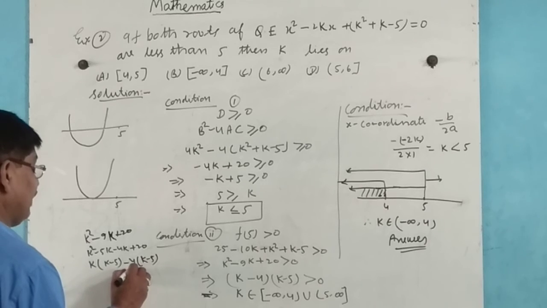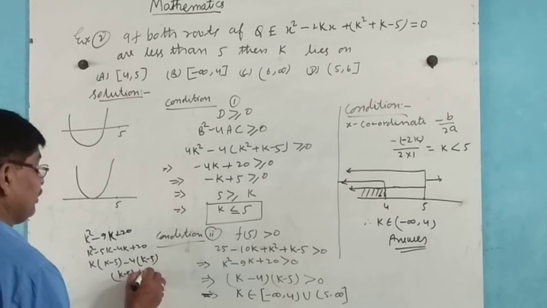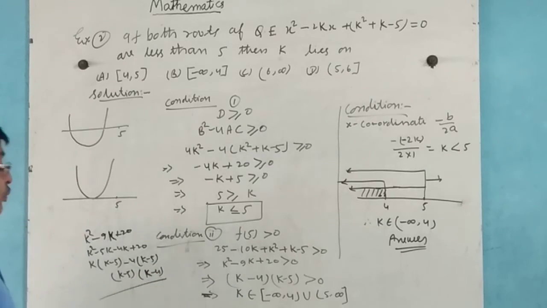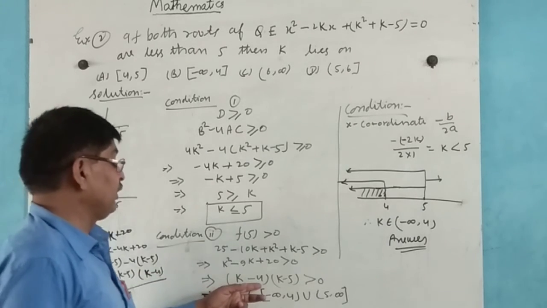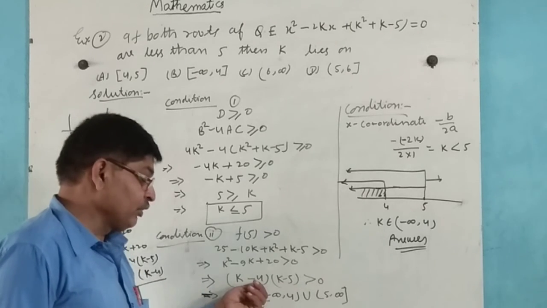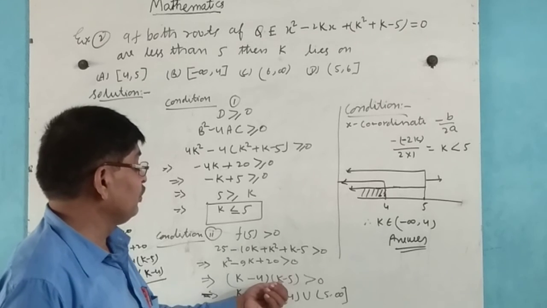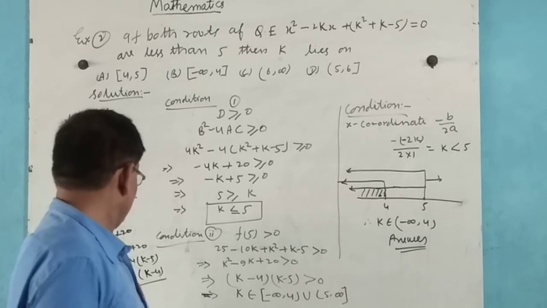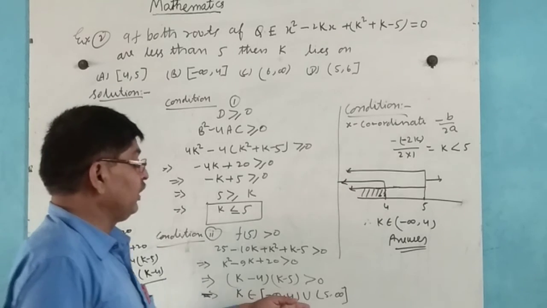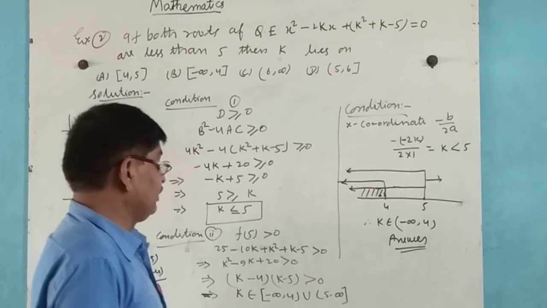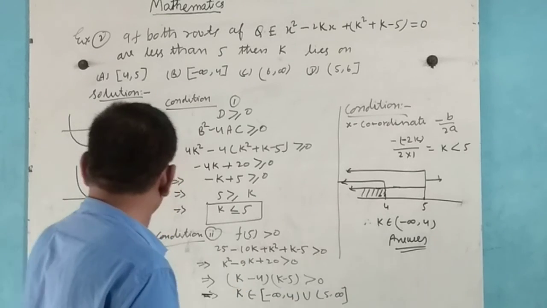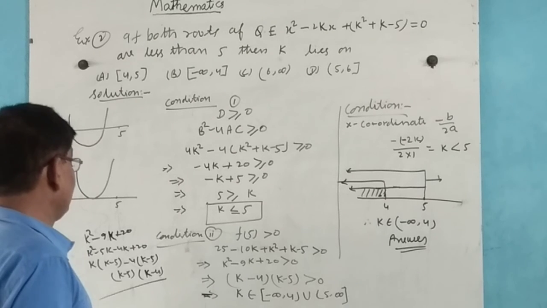K minus 5 also take common, then k minus 4. And k minus 4 and k minus 5 greater than 0, putting k minus 4 equal to 0, k equal to 4 and k equal to 5. Now we plot, and k belongs to minus infinity to 4, and this is greater than, take positive regions, and 5 to infinity.